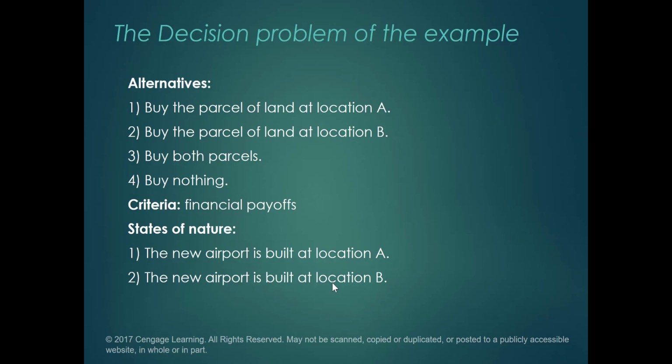The criterion here is financial payoff, which is how we evaluate the decisions. And the state of the nature depends on the location of the new airport: is the airport built in location A or in location B?